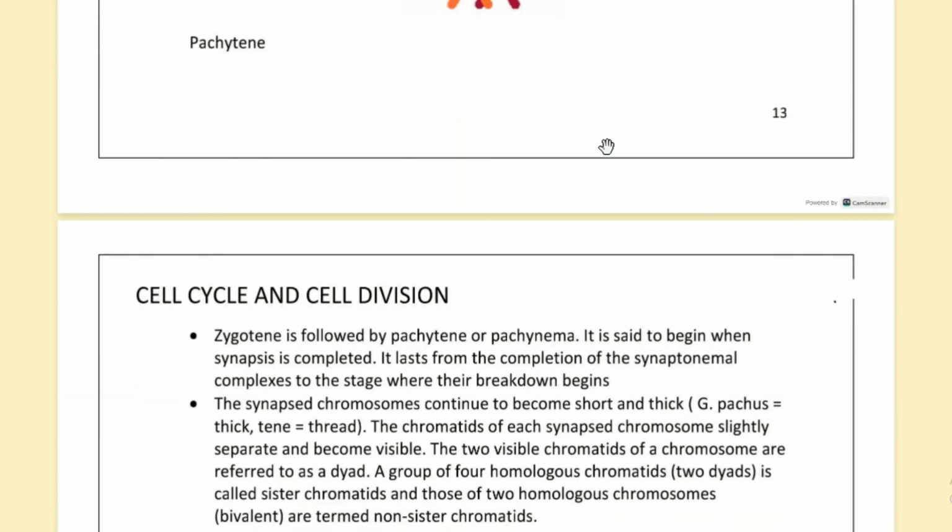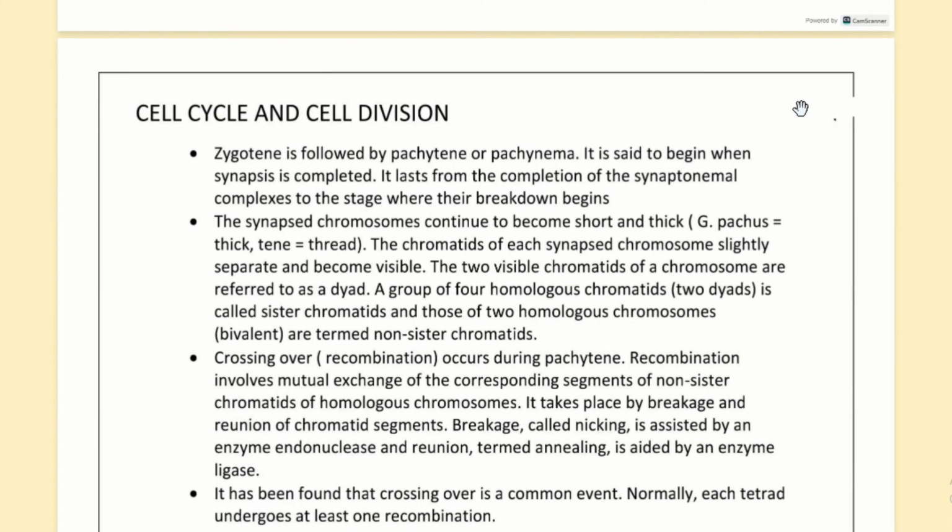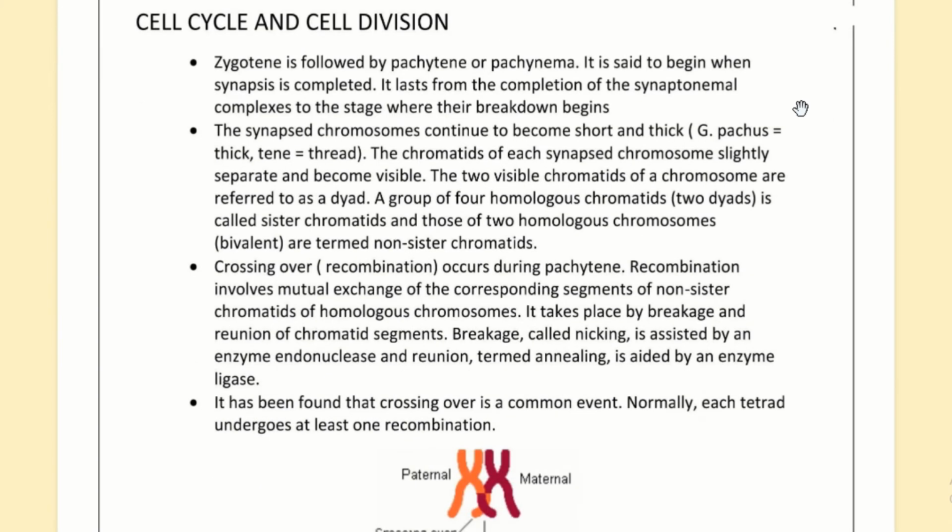Next stage is pachytene. Zygotene is followed by pachytene. It is said to begin when synapsis is completed. It lasts from the completion of the synaptonemal complexes to the stage where their breakdown begins. The synapsed chromosomes continue to become shorter and thicker. The chromatids of each synapsed chromosome slightly separate and become visible.